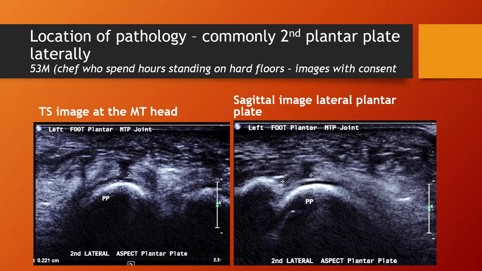I've put this in because it's a typical example of the location, so it's the second MTP, it's the lateral aspect of the plantar plate that we're seeing a tear in, and we're showing you here what's important to measure. In the transverse plane we can see that it's a full thickness tear top to bottom, but only partial width and less than 50%.